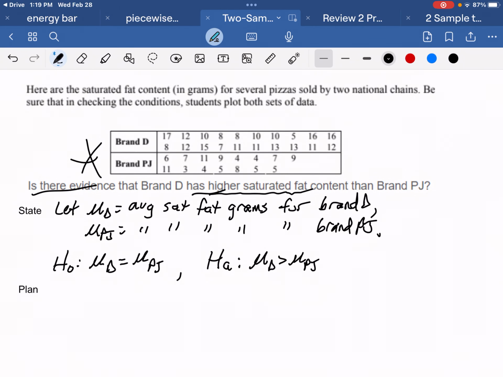Plan. Are both of these samples random? No, it doesn't say so. So I'm going to say something like this.